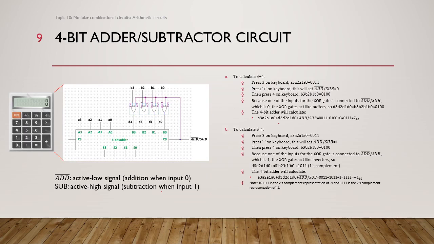Okay, now we know how to calculate this by hand, but how would the hardware treat this? So let's look at it. Here I just show you the picture of the adder and subtractor circuit inside a calculator. Here we can see the main thing is the microchip, which is a 4-bit adder, same thing as we talked about in part 1, using four different 1-bit adders cascaded together, so we can form a 4-bit adder.